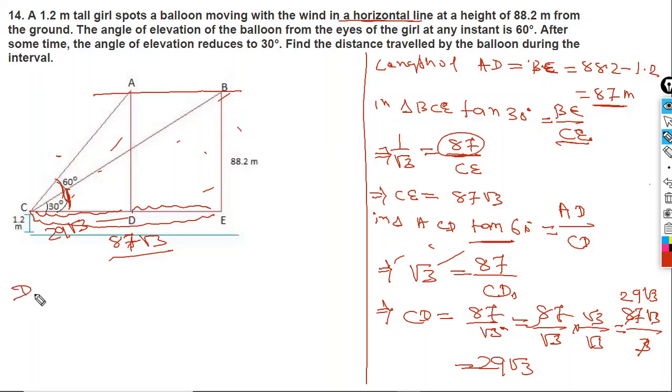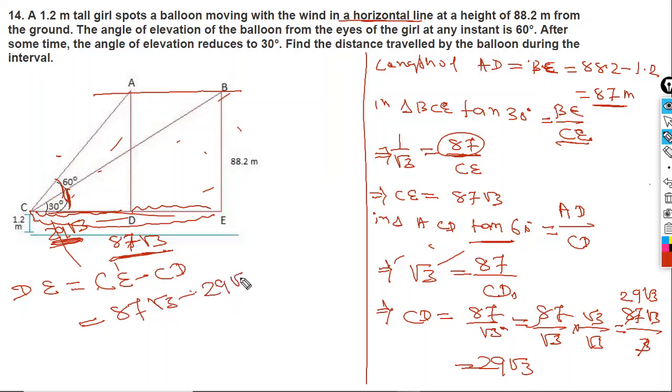So DE equals CE minus CD, which is 87 root 3 minus 29 root 3, which will be 58 root 3 meter.